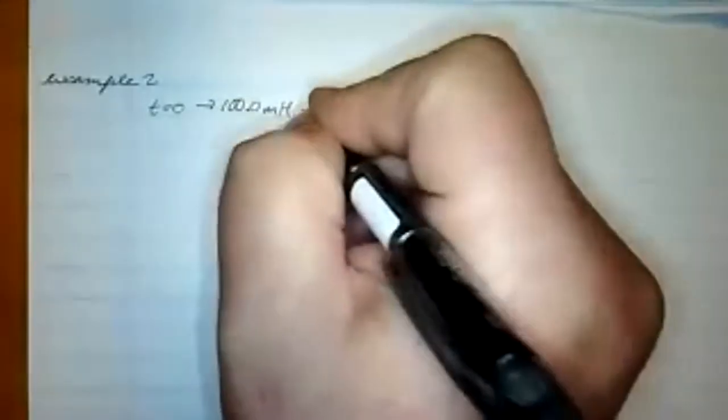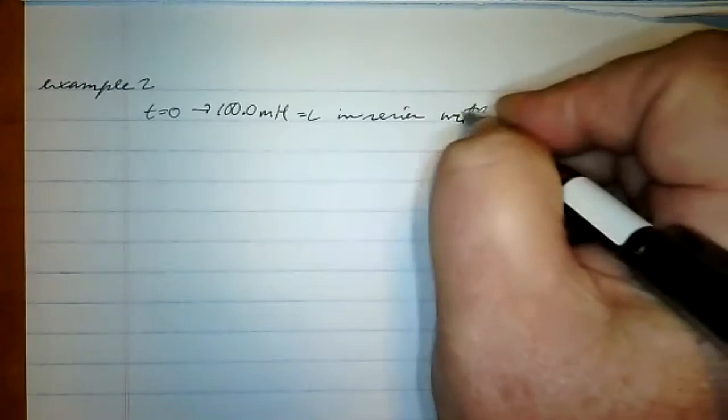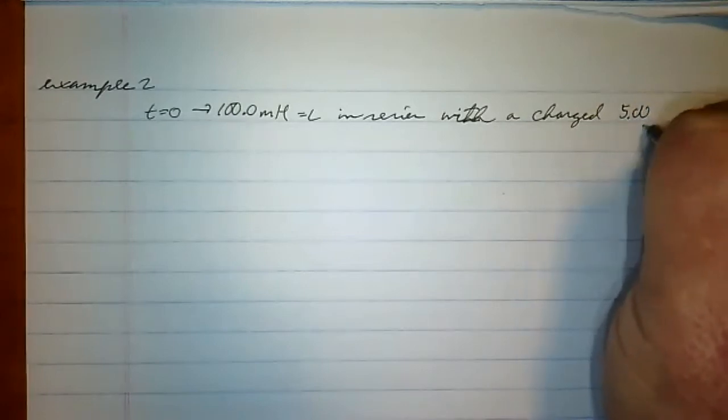And what I'm going to say is at t equals 0, we're going to have a 100 millihenry inductor in series with a charged 5.00 microfarad capacitor and a 5 ohm resistor.